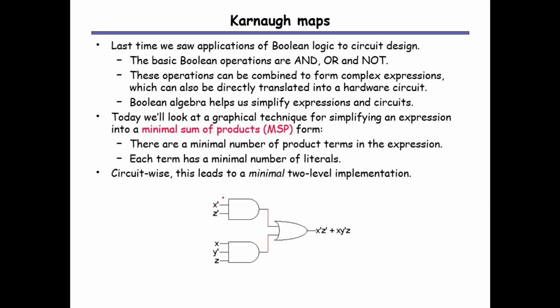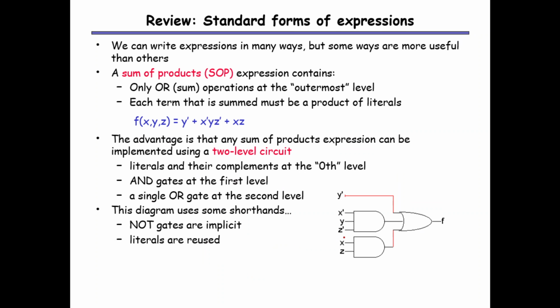Later on, we write x prime z prime plus x times y prime times z. Because we have an OR gate here with inputs A and B, the output is the combination of x prime z prime plus x y prime z.